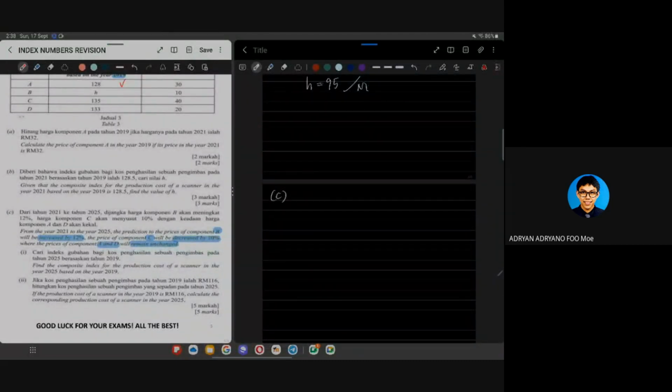Okay, what do I mean by this? We find first the index 25/21 for B, which is 112. Index 25/21 for C is 90, whereas index 25/21 for A and D would be 100 because unchanged, right?